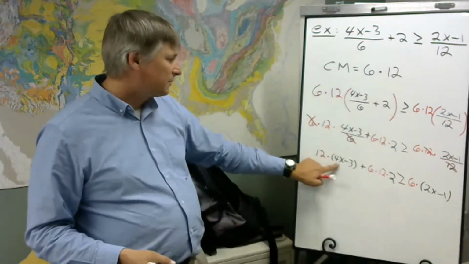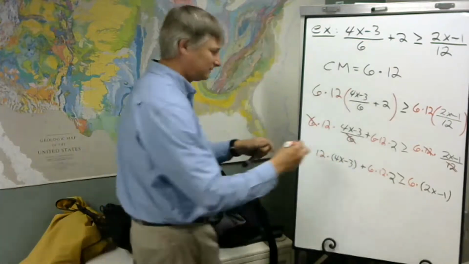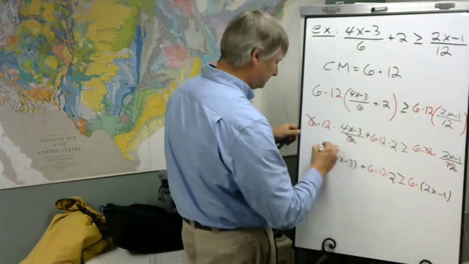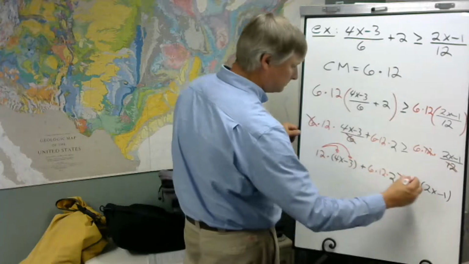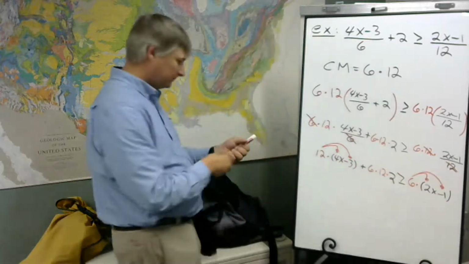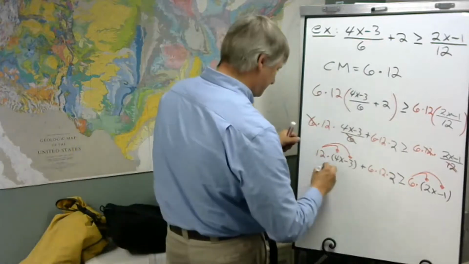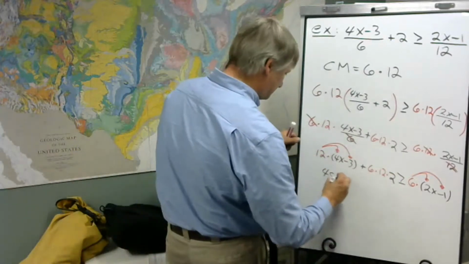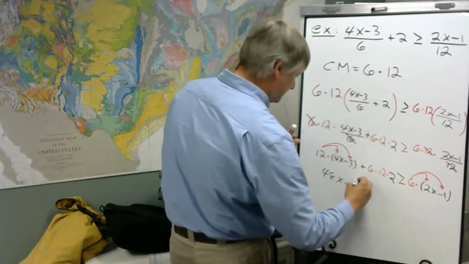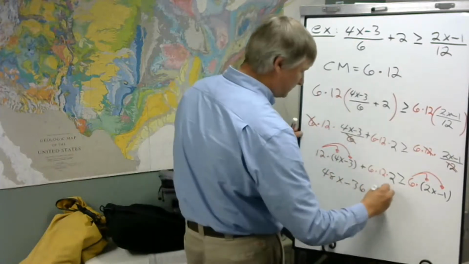So we'll distribute this through. So 12 times 4 is 48. Minus 36. This will be 144.